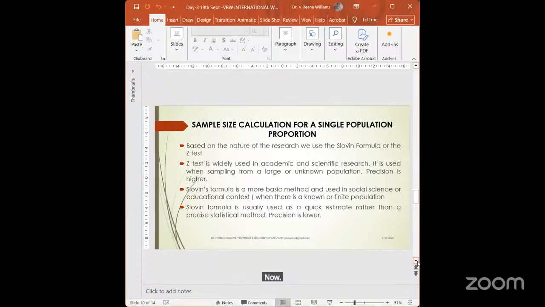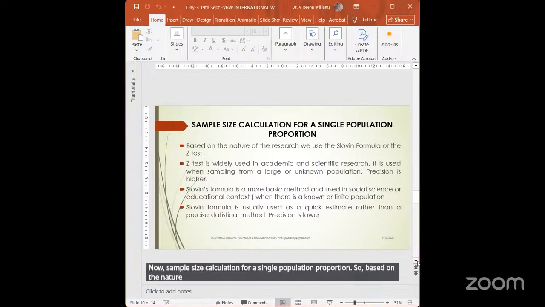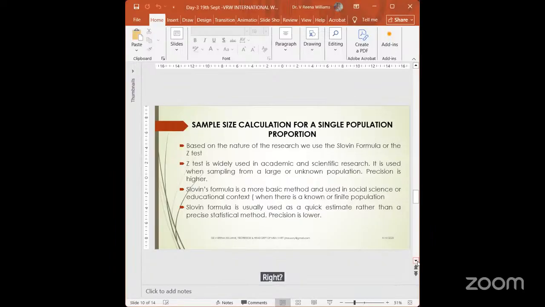Now, sample size calculation for a single population proportion. Based on the nature of the research, we use, as I just explained, Slovin's formula or the Z-test. Very generally, the Z-test is more commonly used and more popular than the Slovin formula.